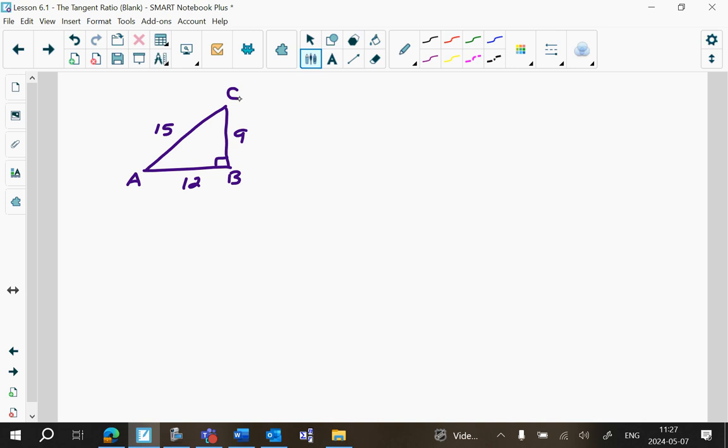So, going to this one here, what's the tan of angle A? It's going to be a fraction, which you can make into a decimal. The tangent of angle A: 9/12, because it's opposite over adjacent, which does reduce to 3/4.